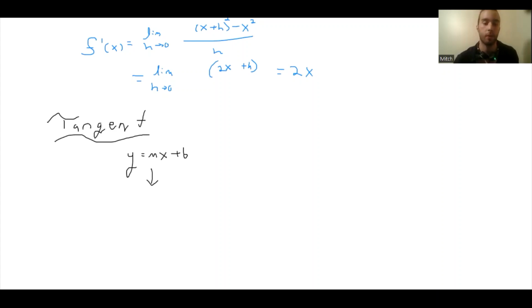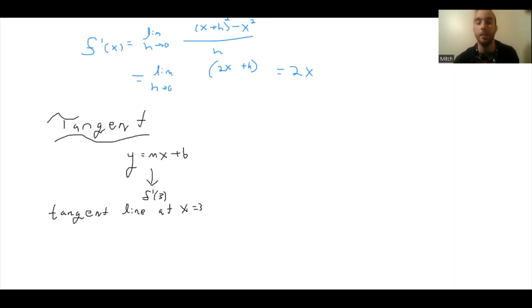So if we say, what's the tangent line at x equals 3? Well, this m is always just going to be f prime at that point. So f prime at 3.